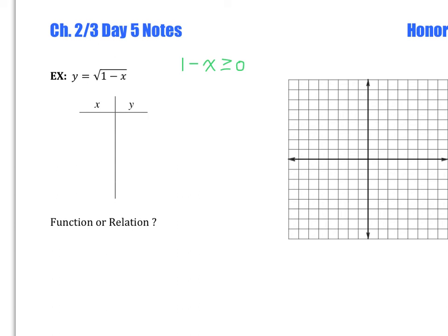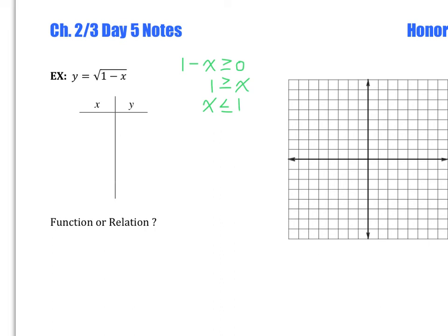So now if I solve this inequality, I essentially have 1 is greater than or equal to x, or we can flip that around and say x has to be less than or equal to 1.